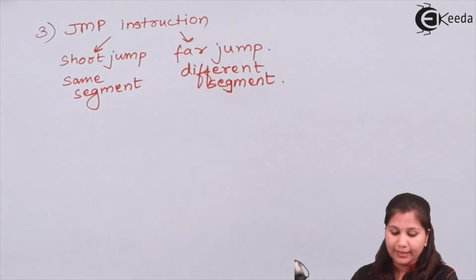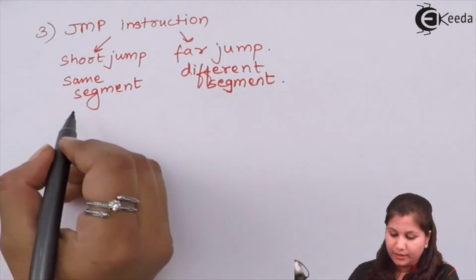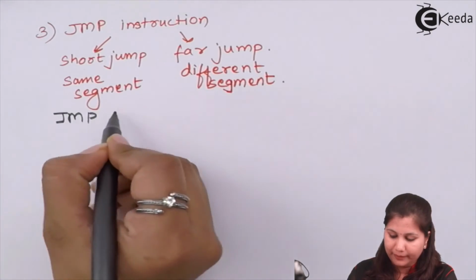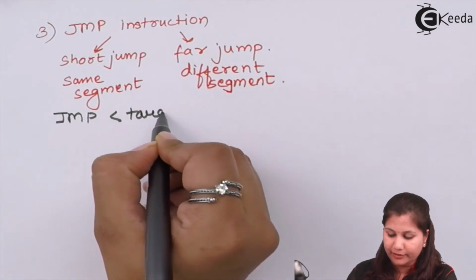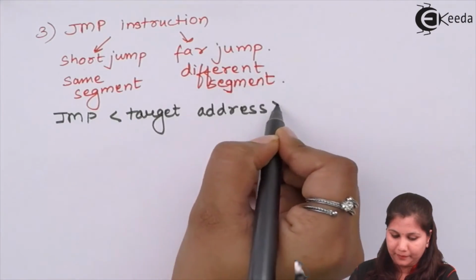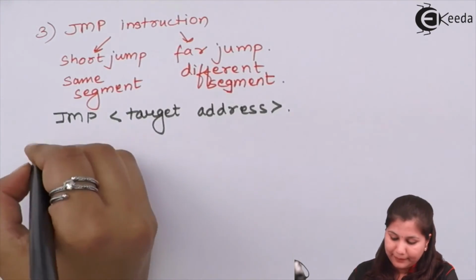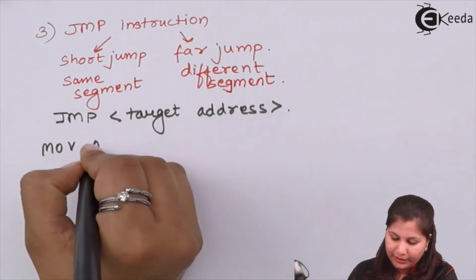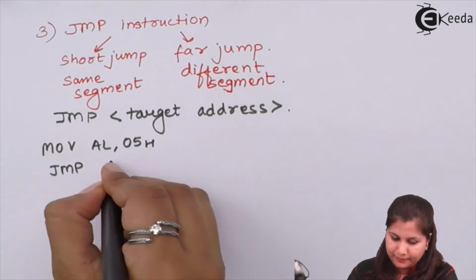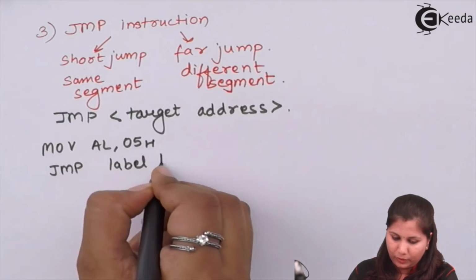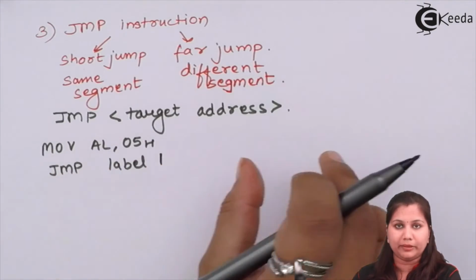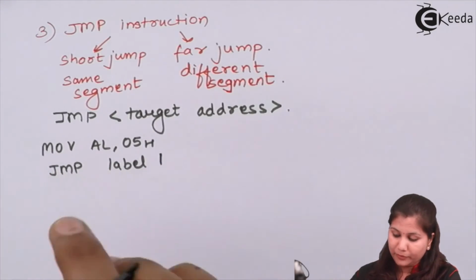Okay. If we want to use this instruction, then the syntax is JMP and then we write the target address. An example: if we have written MOV AL, 05H, JMP label1. Label1 is the address of the memory location where the microprocessor has to jump.